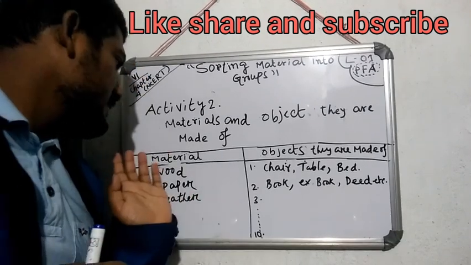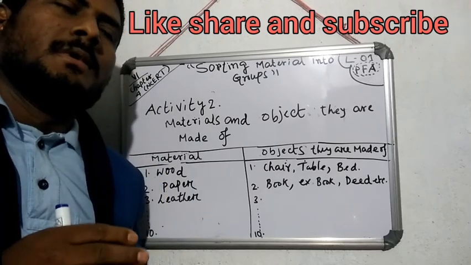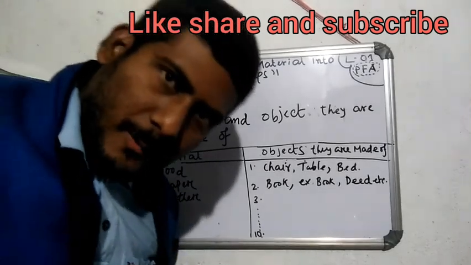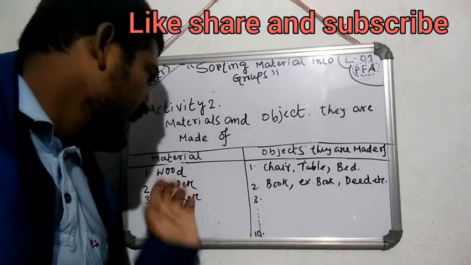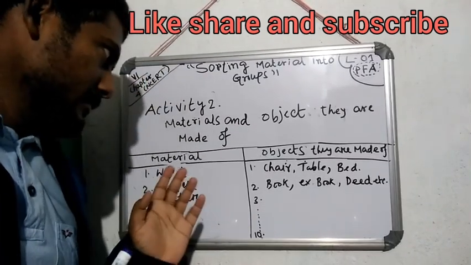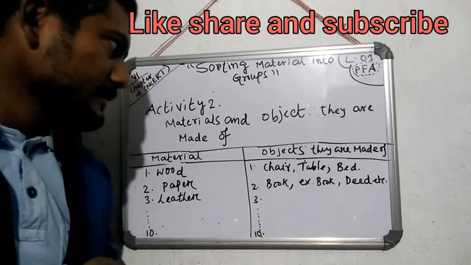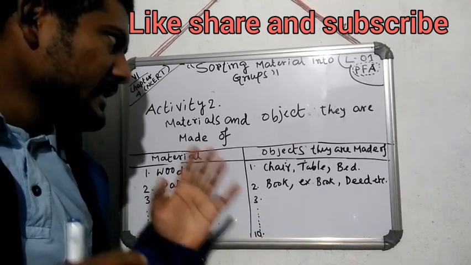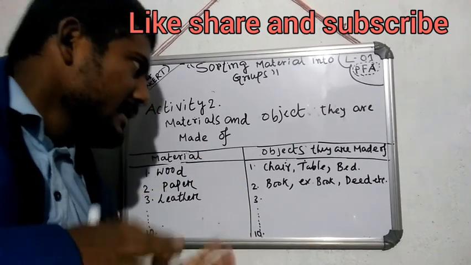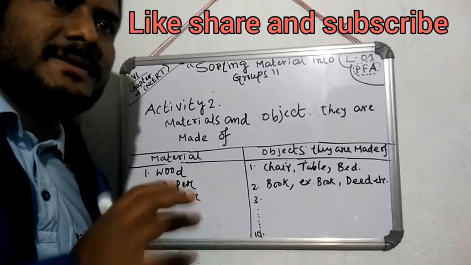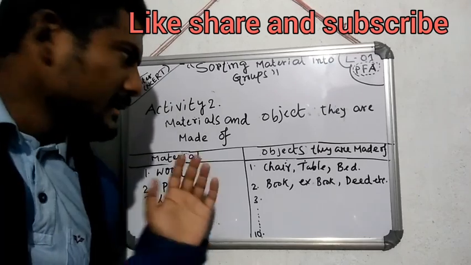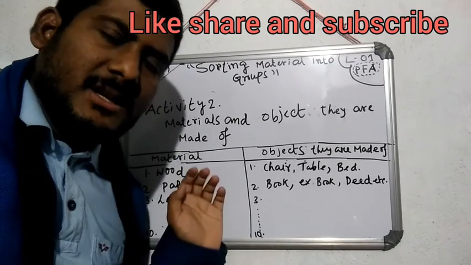Similarly, if you consider paper, then book, exercise book or copy book, diary, etc. are made of paper. So, from this discussion, it is obvious that there are different objects which are made of the same material. Now, this is your activity 2.